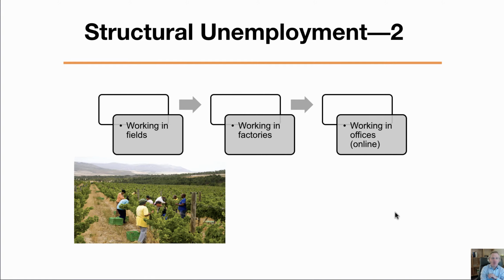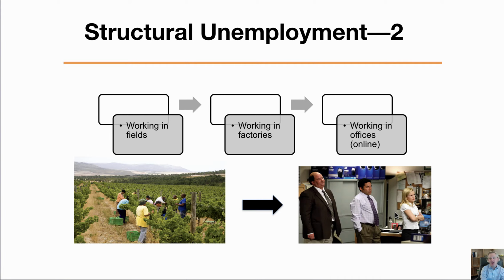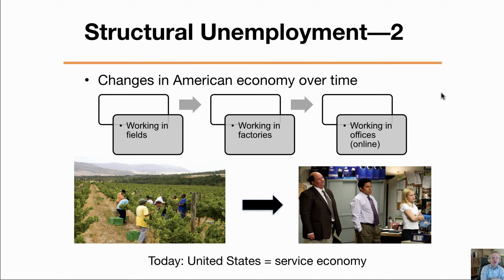So we go from an agricultural type economy to an office kind of economy. Literally, the office here is the picture the textbook author chose for this particular slide. That's the U.S. television show, The Office. So this has been the evolution of the U.S. economy, and it's been the evolution in many developed economies.